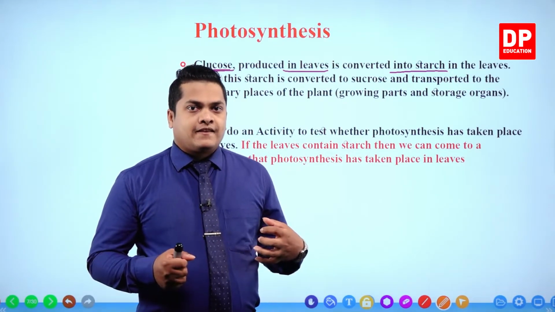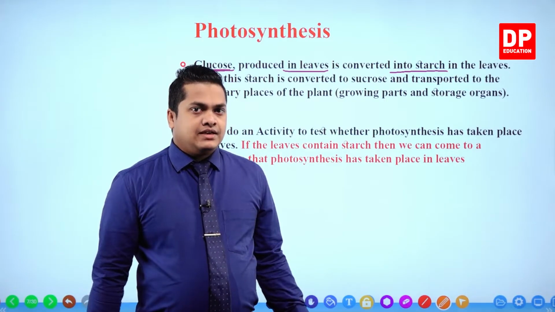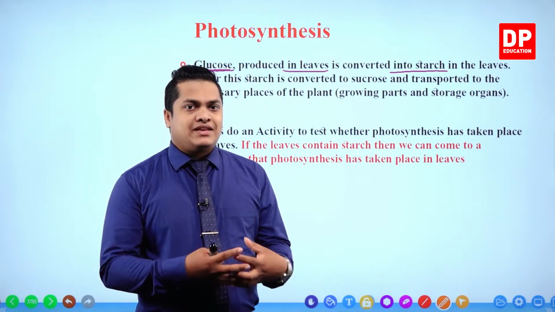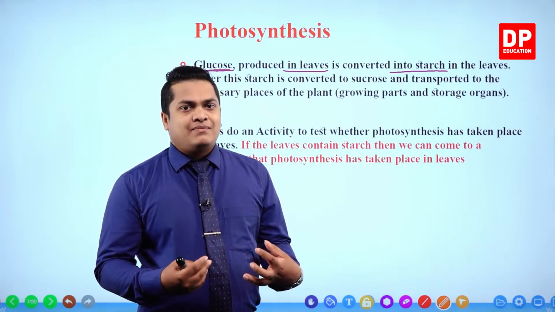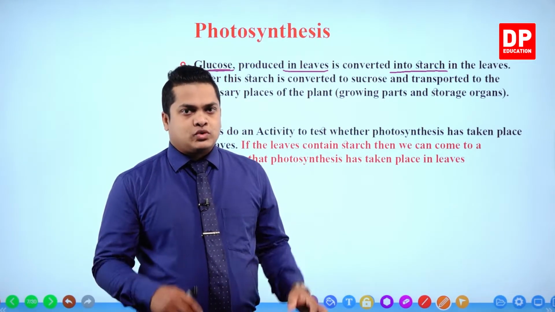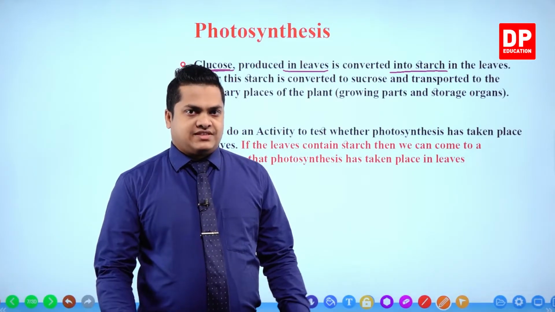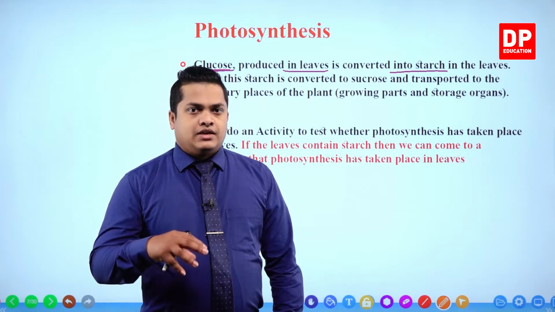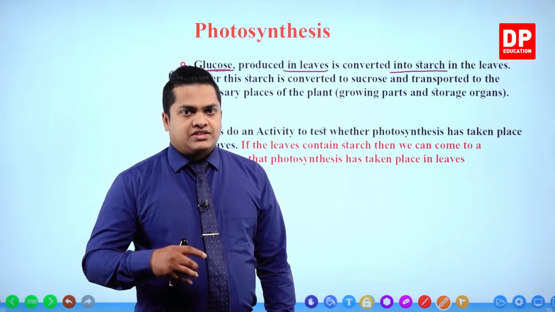Now, here we are discussing what happens to the glucose which is produced within the plant leaf during the photosynthesis process. First and foremost, during photosynthesis, glucose is produced.